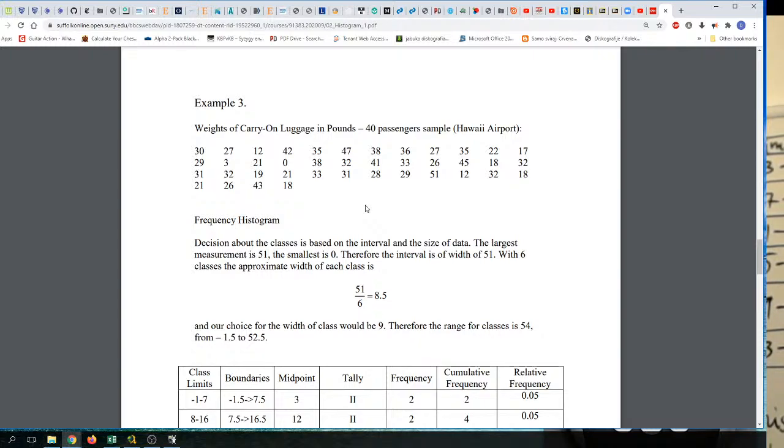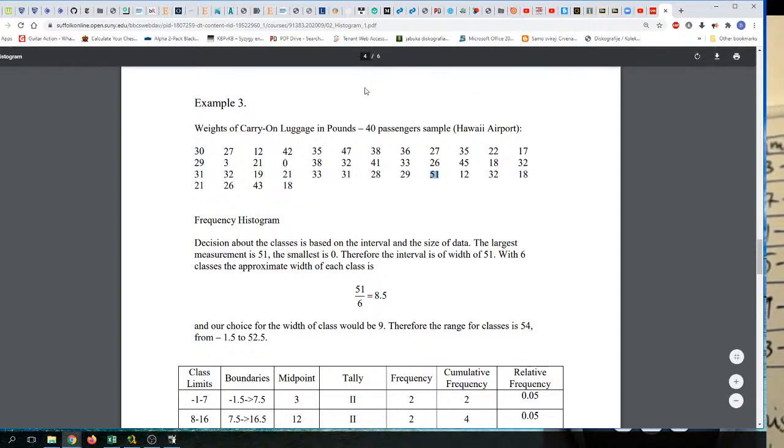The first guy has 30 pounds. That's fairly heavy. The second guy has 27 pounds. Then 12 pounds, 42 pounds, all sorts of different things. There's one guy who has no luggage, Zippo. Maybe a wallet, probably, but nothing carry-on. There's one person here with 51.